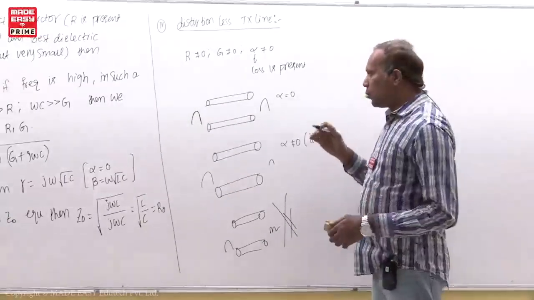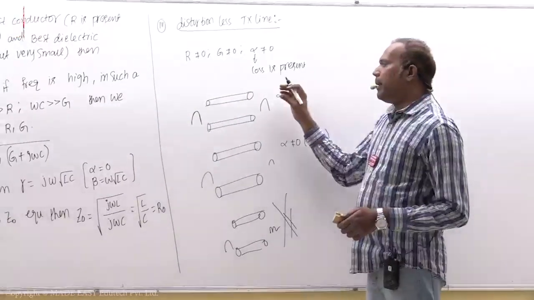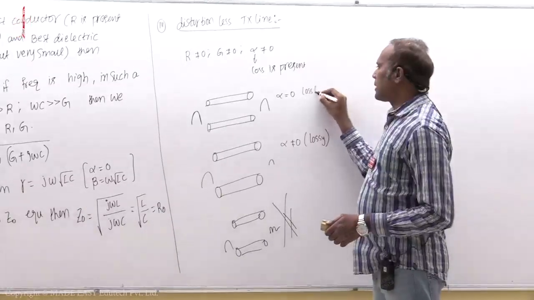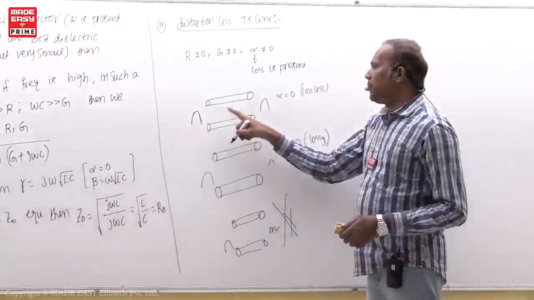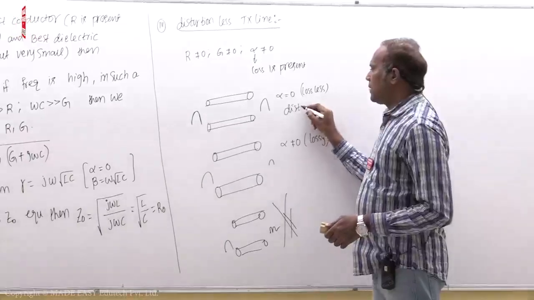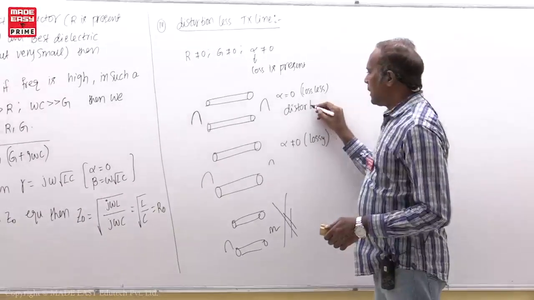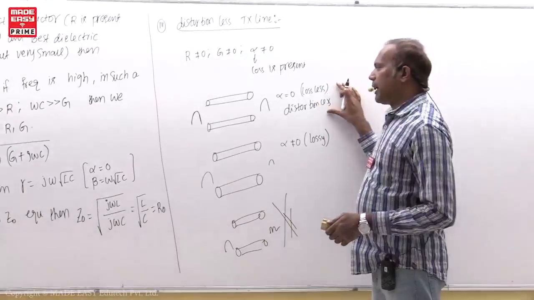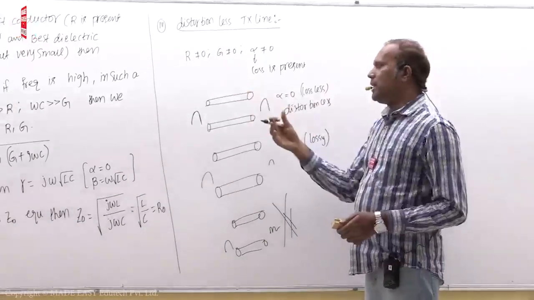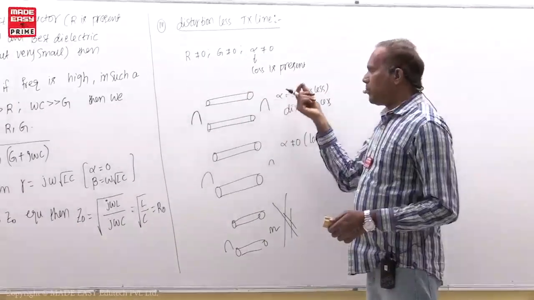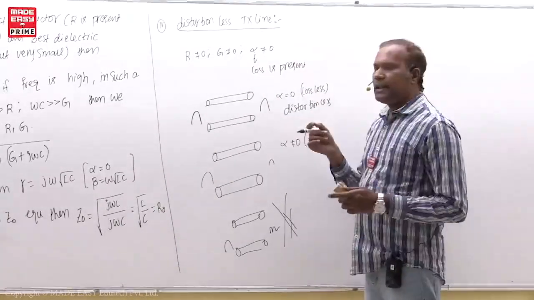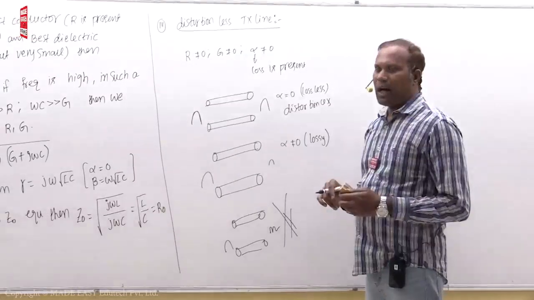Actually, we try to build a transmission line where alpha is 0, that is lossless, and the signal shape is not changing, so this is distortionless. We need this type of transmission line, but unfortunately we have seen, if we select the best conductor and best dielectric, R and G are present, so gamma is complex.